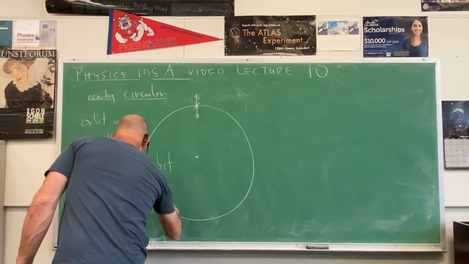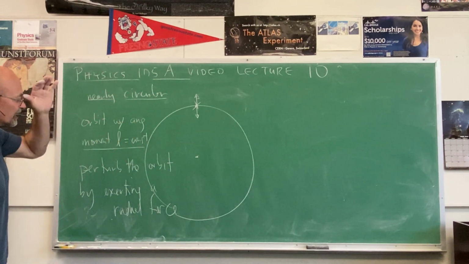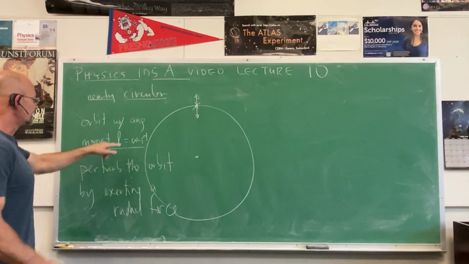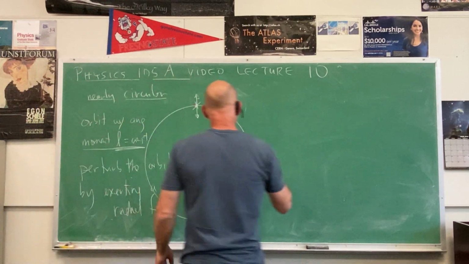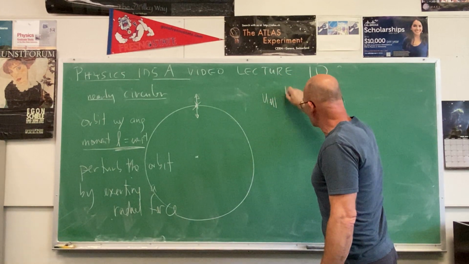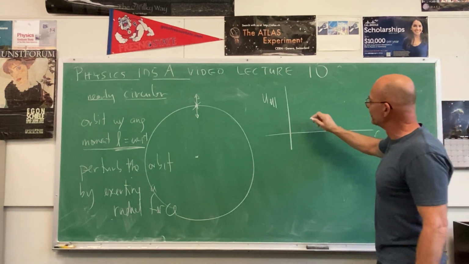Okay, so we fire blasters towards the center or away from the center. No torque. So this retains the constant angular momentum. And now you'll see how this is going to show up in our effective potential.